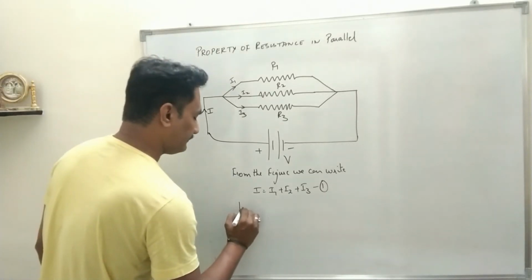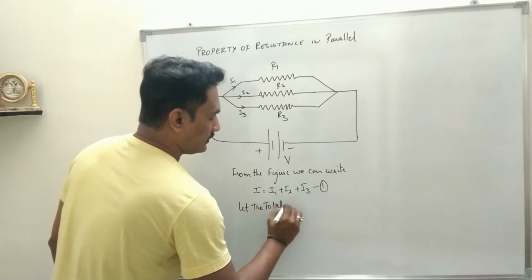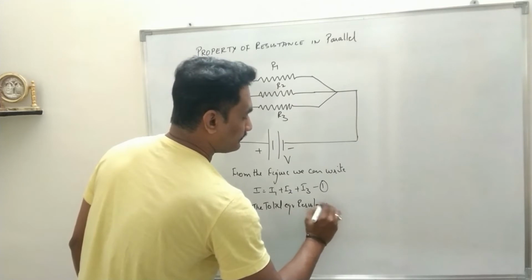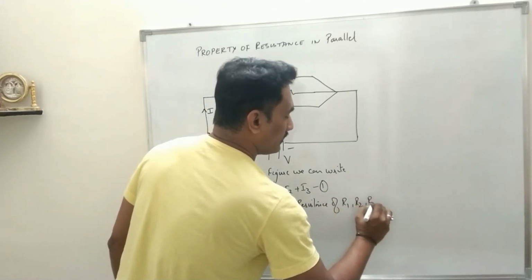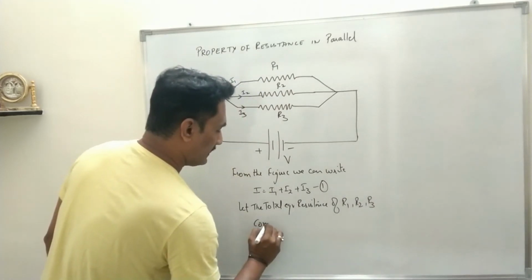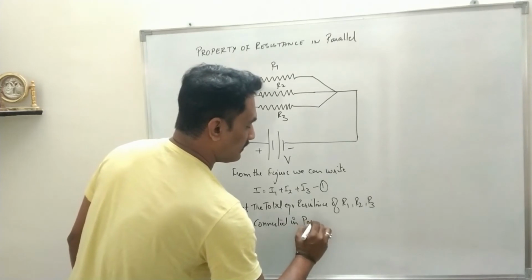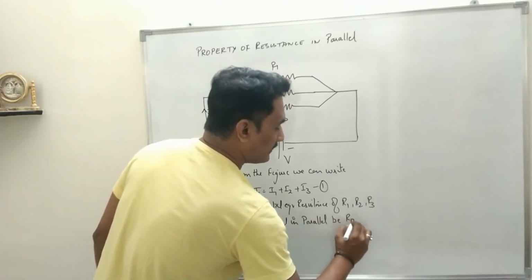Let the total equivalent resistance of R1, R2, R3 connected in parallel be Rp.